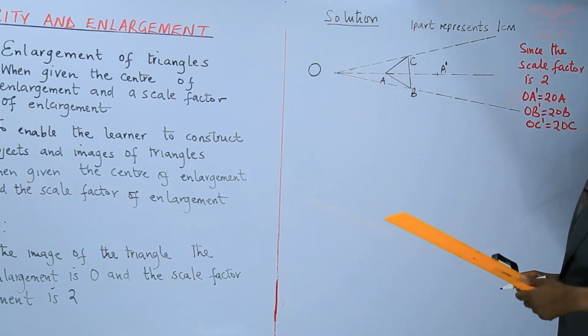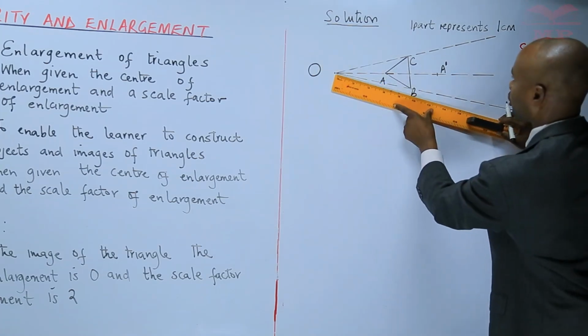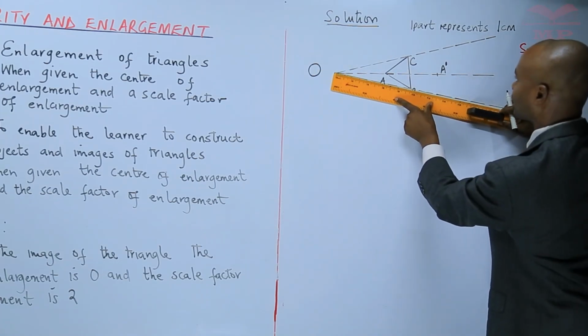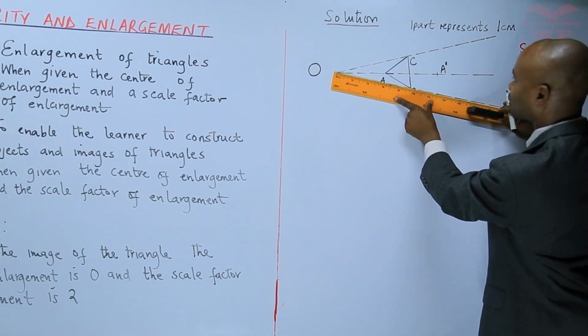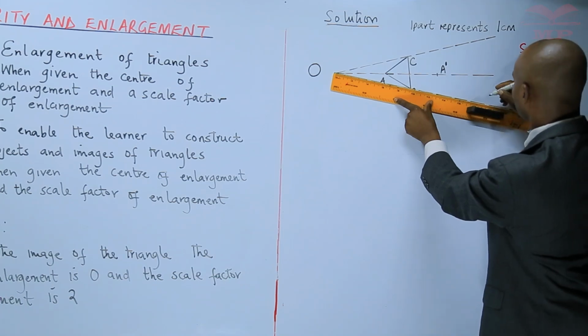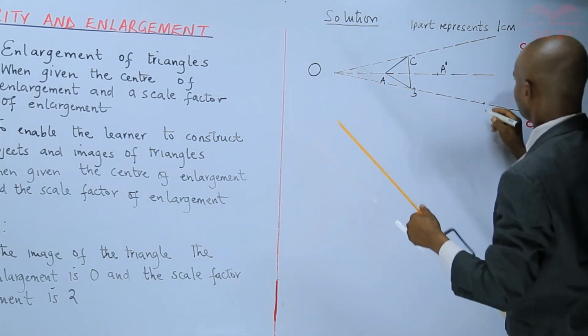I come to B. Look at what is happening. OB, learner, is 9.6, so OB prime will be 19.2.